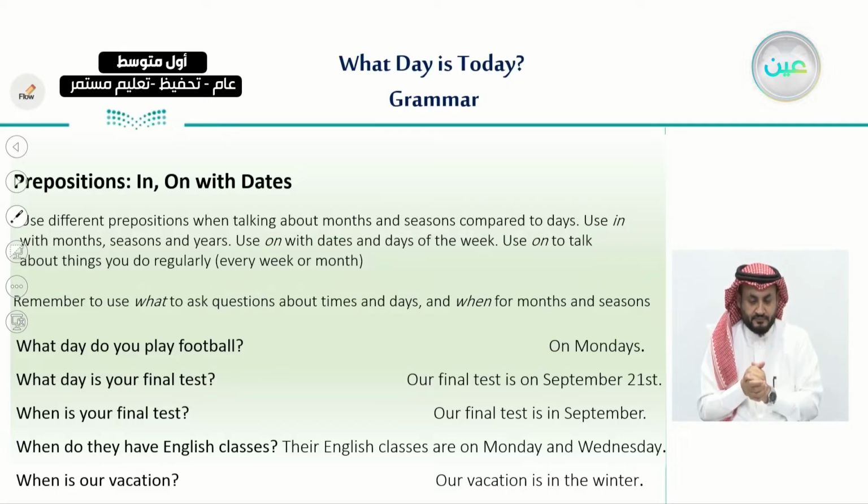The second question, what day is your final test? Well, our final test is on September 21st. So here we use on, not for the month September, we use it for the date or the day, on September 21st.